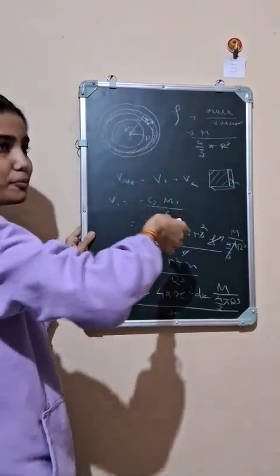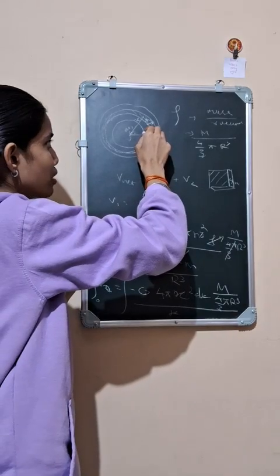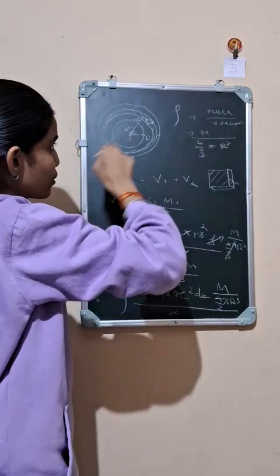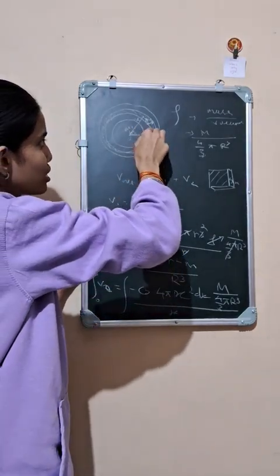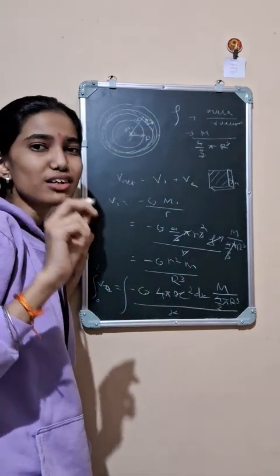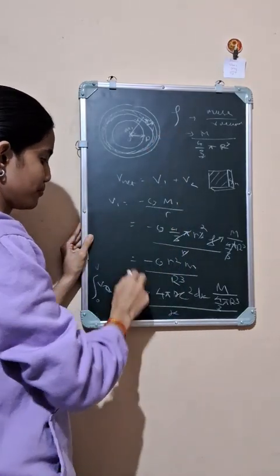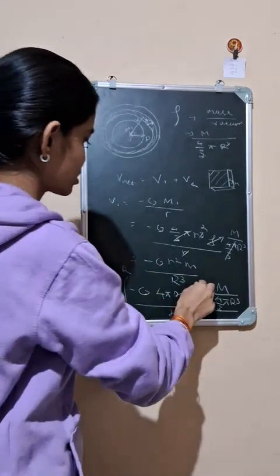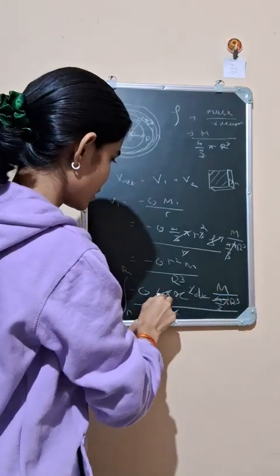So for point P to be inside the spherical shell, the radius is actually from this point to this point. So what is this point, means what is the value of radius at this point? It will be nearly smaller, a little bit greater than smaller, but we can consider it to be smaller, to capital R. So now I have to integrate this thing. Here x will cancel out, 4 pi will cancel out.